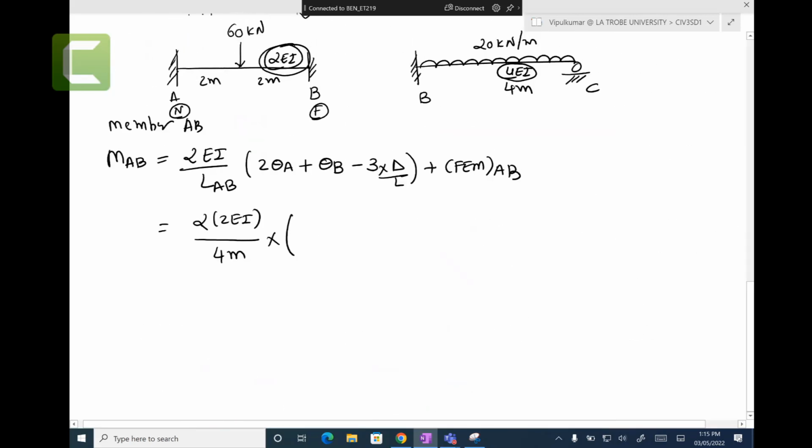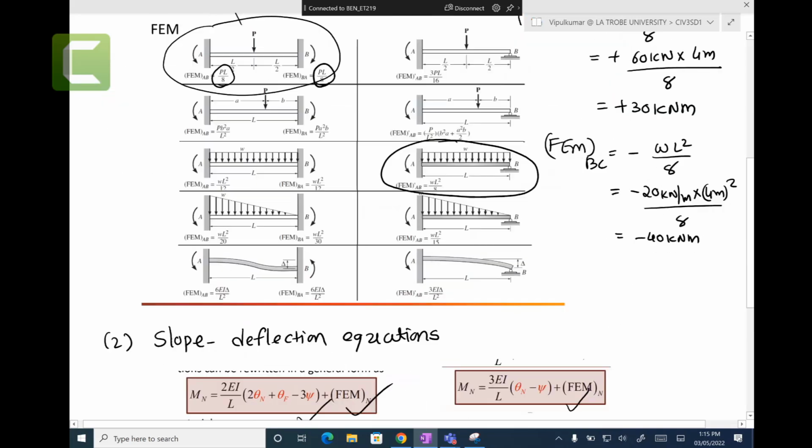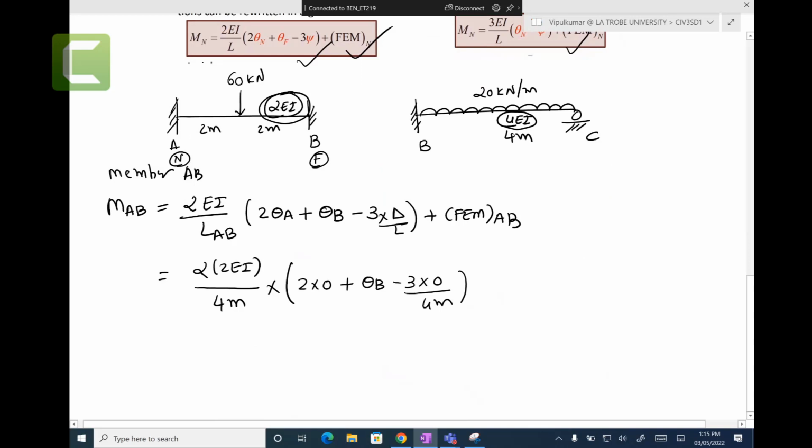Let's substitute that. Theta A is 0, theta B we need to find. There is no settlement. Support B, support A, or support C is not settling. It's not given in our question. So delta is 0. Length 4 meters. Fixed end moments of AB, we found minus 30 kilonewton meters.